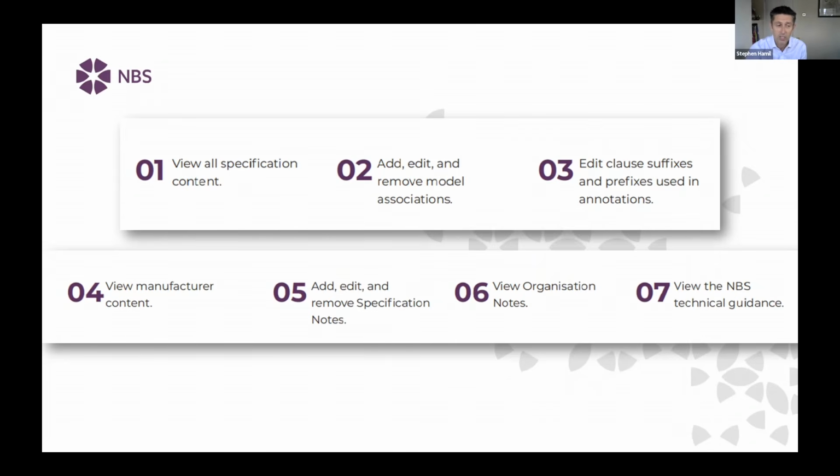Importantly, the specification notes. It's a whole team working together, so you can add, edit, and remove the notes and discuss things, and see the organization notes. And we hummed and hawed about this a little bit, but all of the NBS guidance will be available as well. So you can really learn about that topic, read the general guidance, click on the standards, etc.